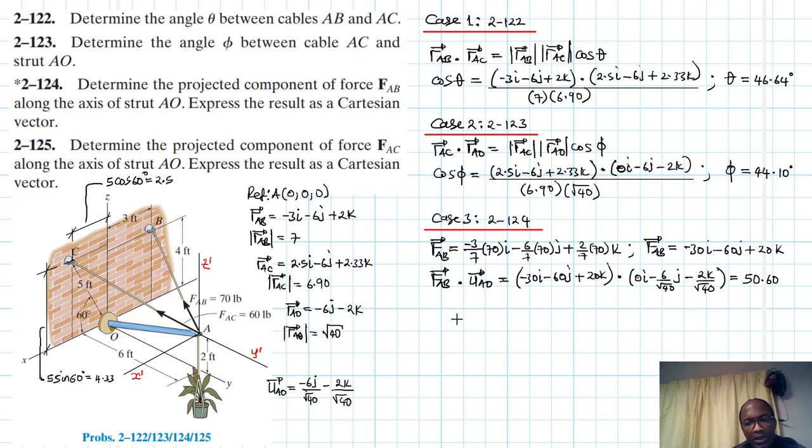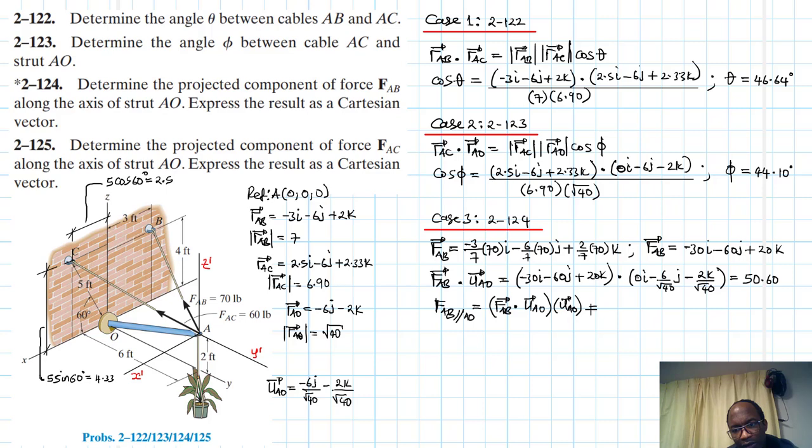But we have been asked to express this as Cartesian. So as Cartesian, we'll say FAB parallel to AO is going to be equal to this result that we just found, dot AO, okay, all this, then we are going to be multiplying this by the unit vector AO again.